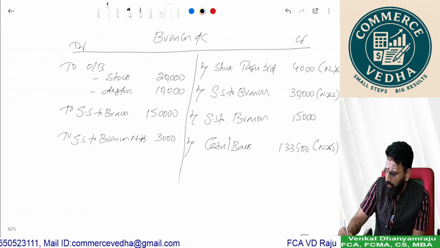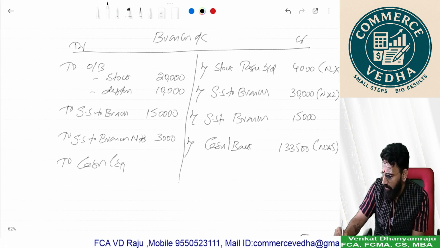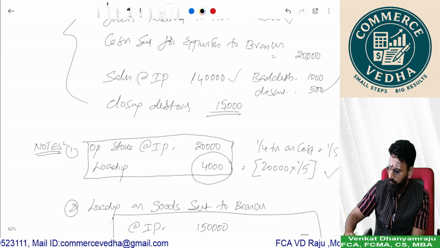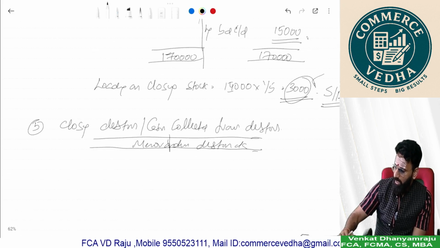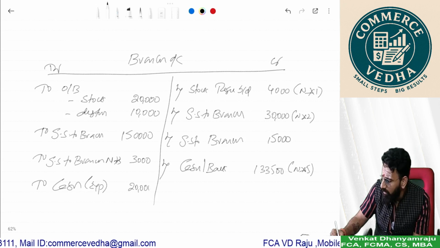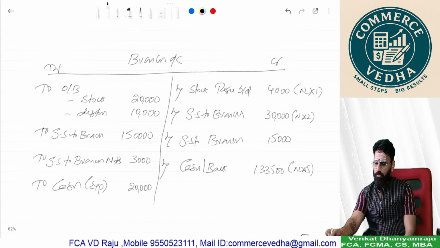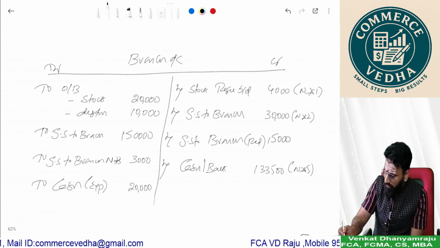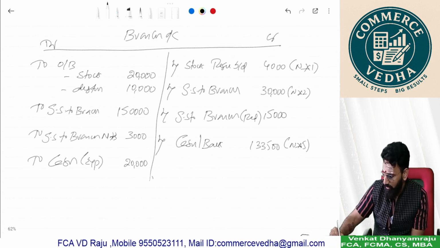Then you take the cash for expenses. How much cash is given by head office for expenses? 20,000. So I've recorded opening balances and opening stock reserve, goods sent to branch, reversed the loading, returns, reversed the loading, and recorded collection and the cash received.